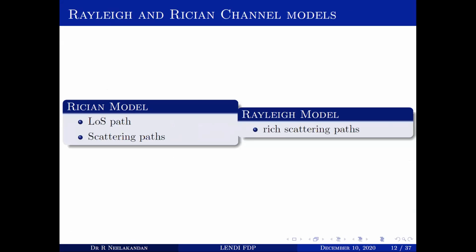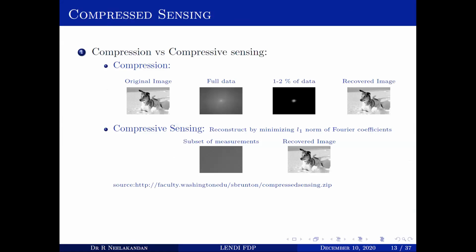Let me come back to this part about compressed sensing. See, the difference between compression and compressive sensing should not be taken as similar. In compression, what we do is typically done in image processing. You have an image, you compress it, so that when you see the compressed data, you are not able to make any sense out of it.